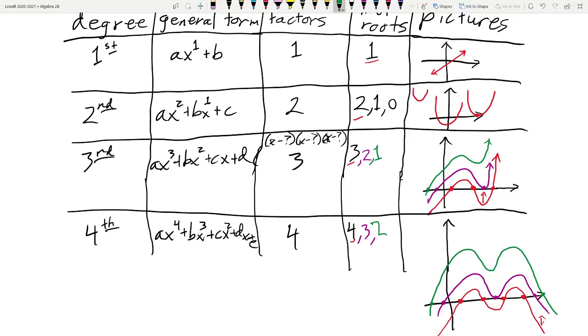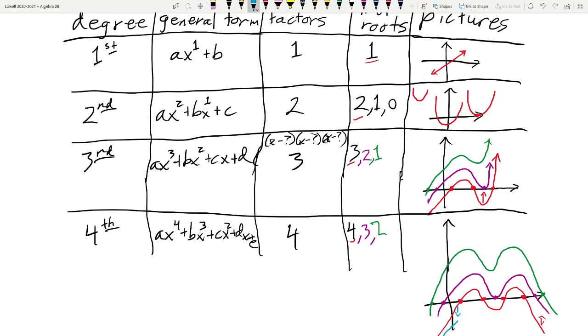Could I have only 1? This one's actually kind of interesting because I don't think I'm gonna have only 1 if I keep moving the graph upward. But if perhaps I move the graph down, I could maybe see something like this.